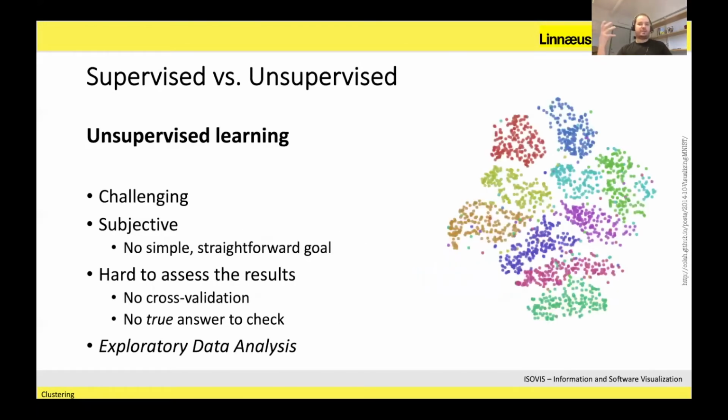Since we don't have these kinds of response variables, unsupervised learning is a little bit challenging, because you have to really be creative to come up with ways to do things. Of course, I'm not saying that supervised learning is not challenging. It's very challenging to build good classifiers or good regressors.